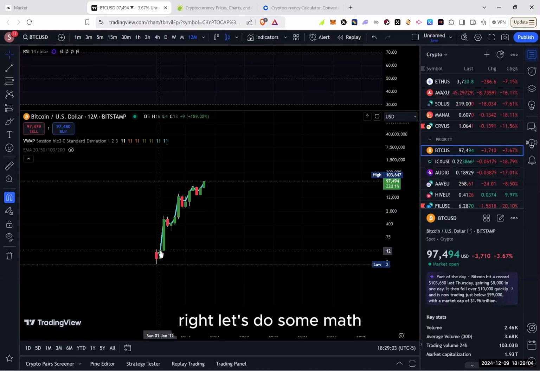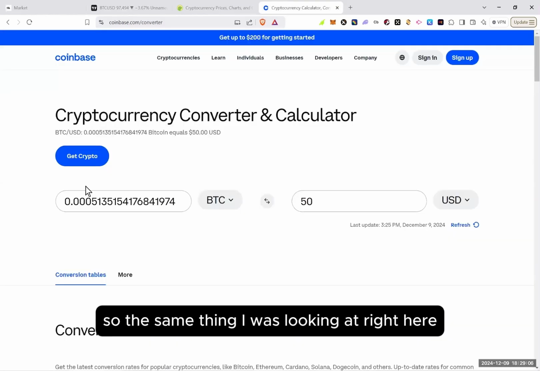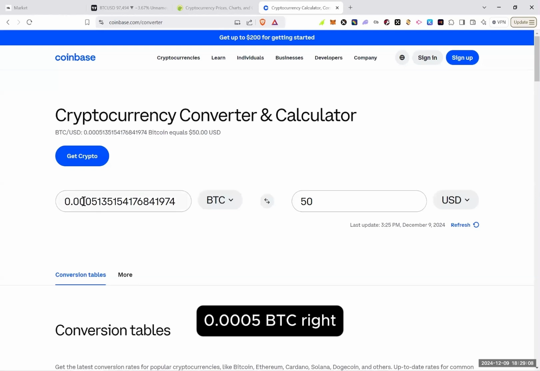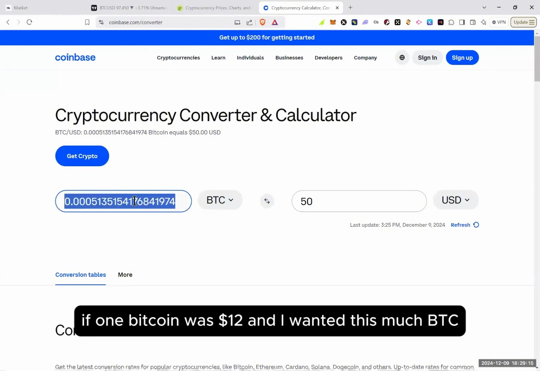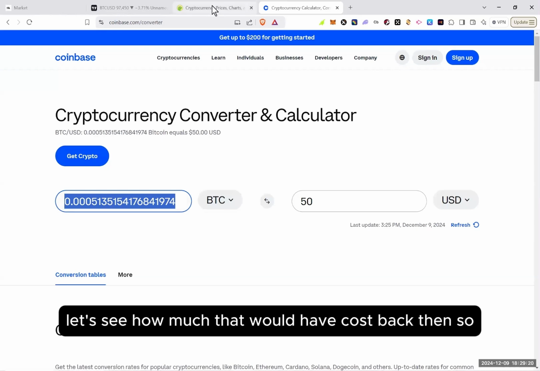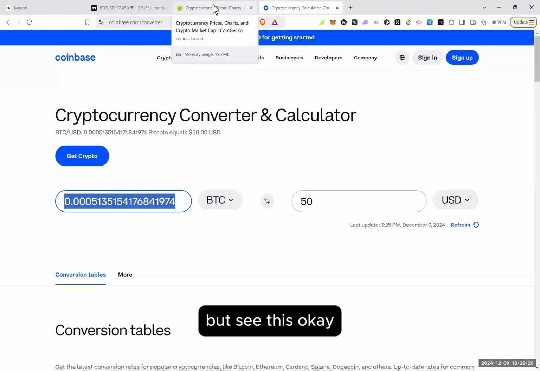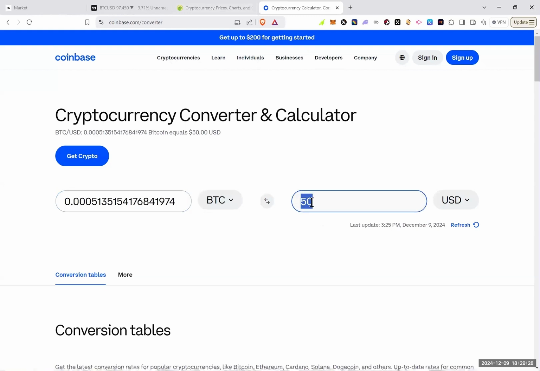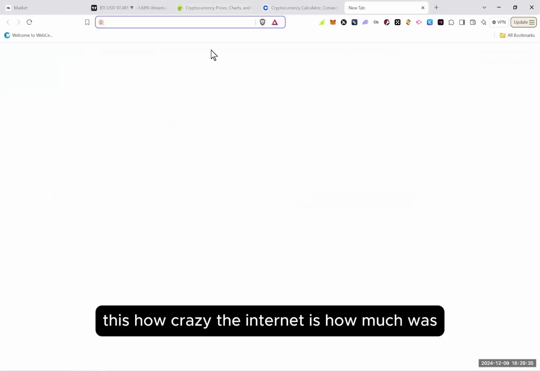Let's do some math. So the same thing I was looking at right here, 0.0005 BTC, right? If one Bitcoin was $12 and I wanted this much BTC, let's see how much that would have cost back then. Watch this, this is how crazy the internet is.